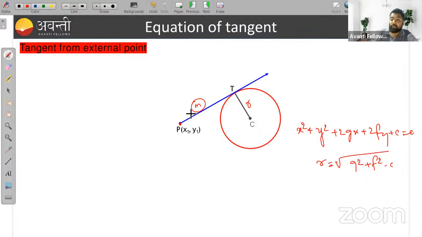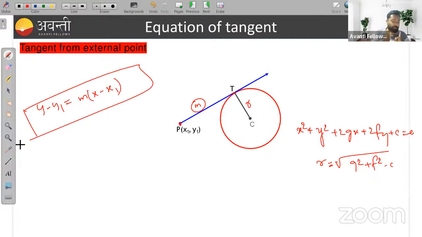How can you find the slope of the tangent? By using the perpendicular distance from the center to this line. From here you will get the slope m. If the line has slope m and passes through the point (x1, y1), then the equation of the tangent will be y minus y1 is equal to m into x minus x1. Yes or no?